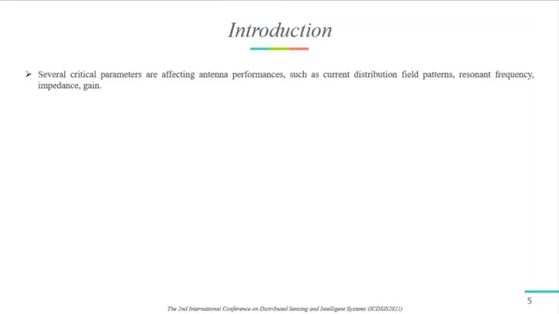Several critical parameters affect the antenna performance, such as current distribution, field patterns, resonance frequency, impedance, and gain. These characteristics can be determined by solving the electric field integral equation of the antenna.